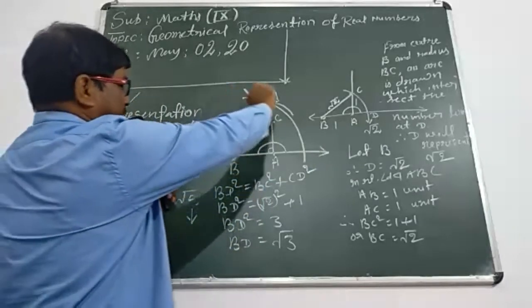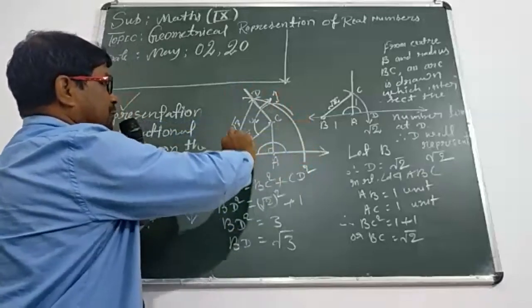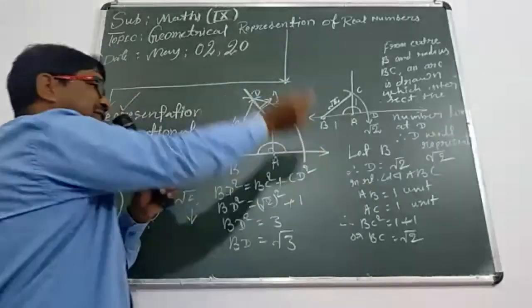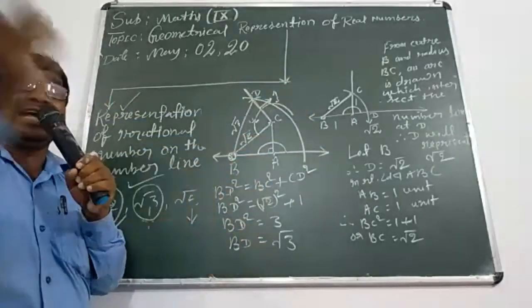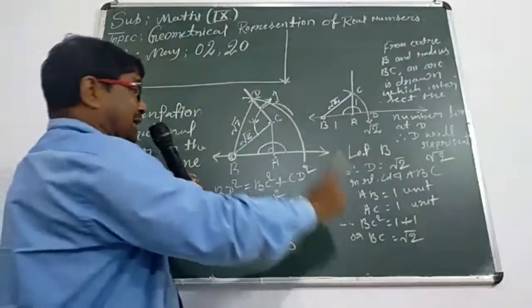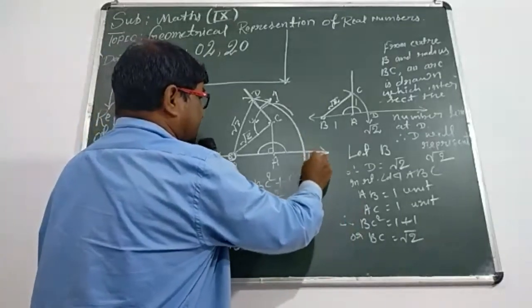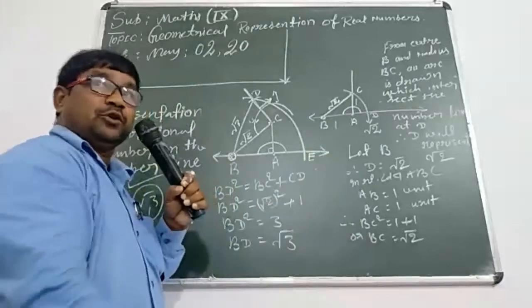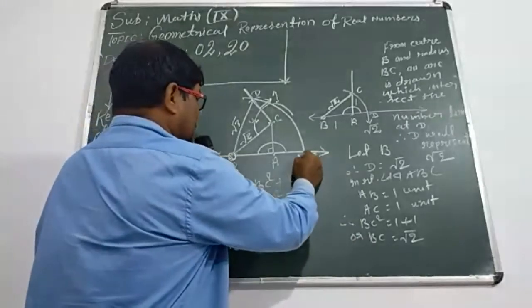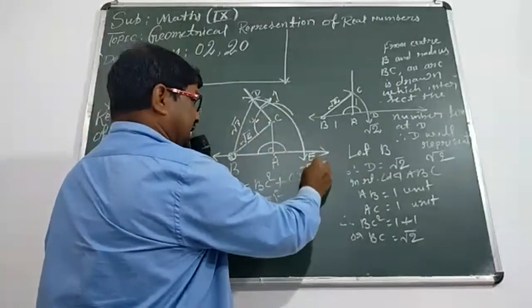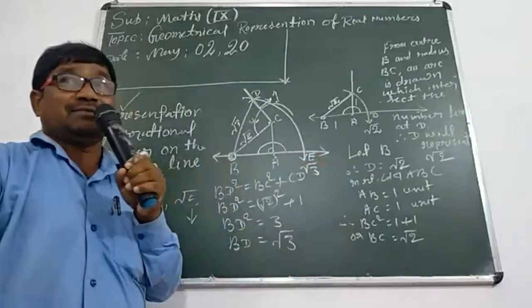This circular arc will intersect the number line at a point. Suppose that this point will be E.